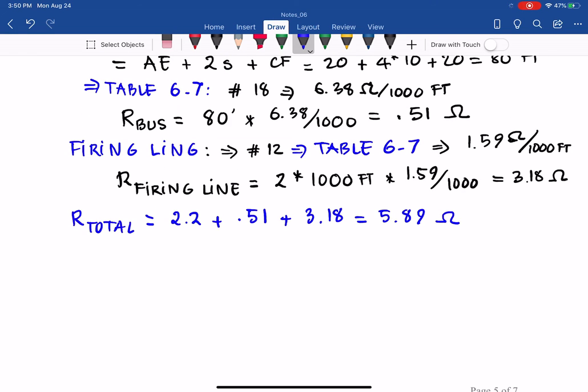And then we have the last two steps. We determine the minimum current requirement. So we go to table 6-5 to determine the minimum current in ampere per cap, per 1 cap.